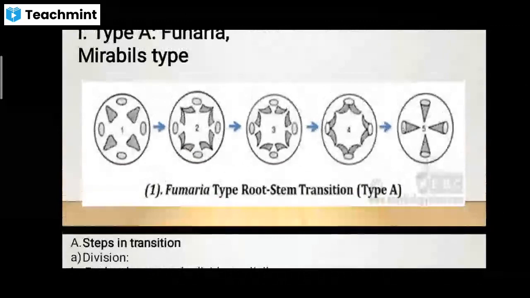Forking means the division that happened in the xylem strands, the four xylem strands, will separate out and form different forks of this xylem. So each xylem is divided, and eight xylem strands are formed.